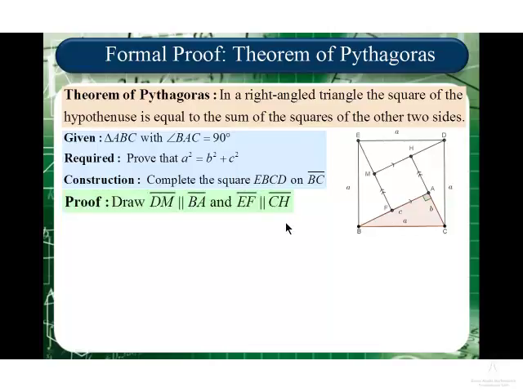To prove the theorem, we have a further construction, that is, we draw DM parallel to BA.